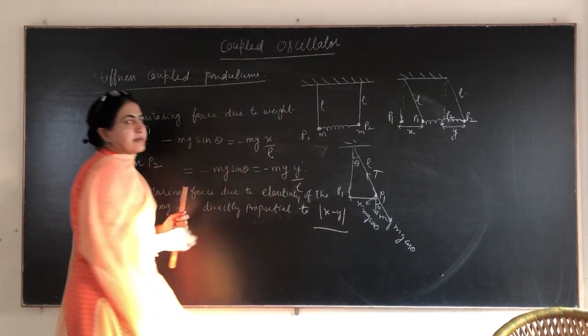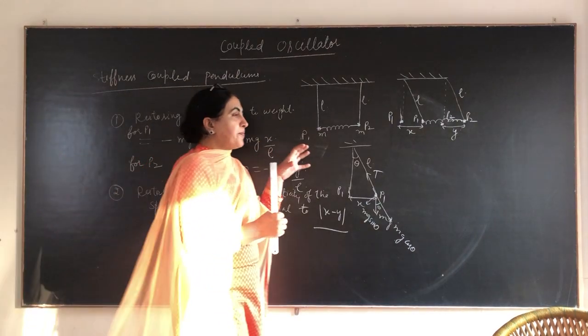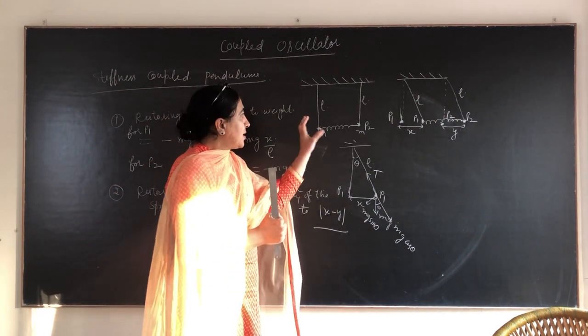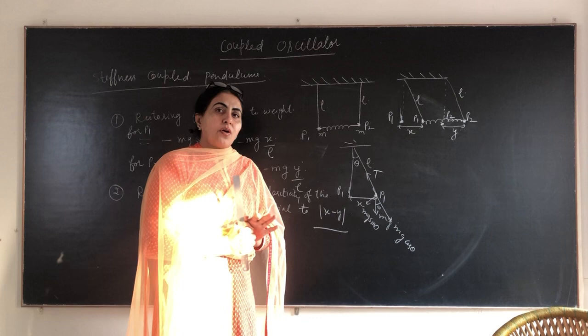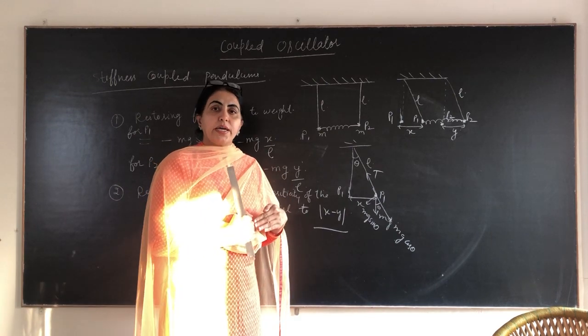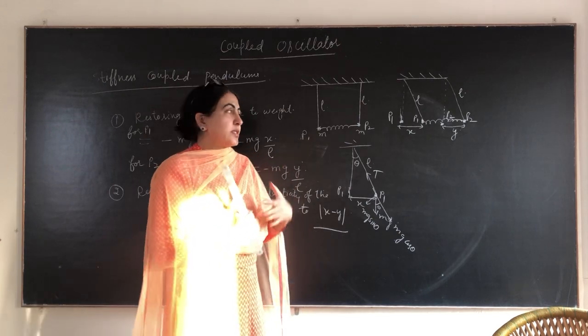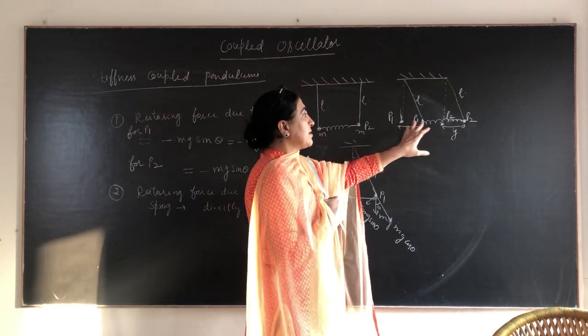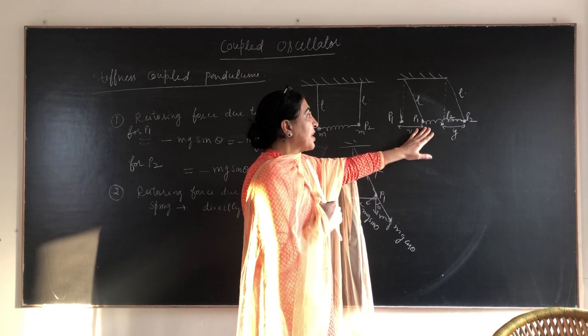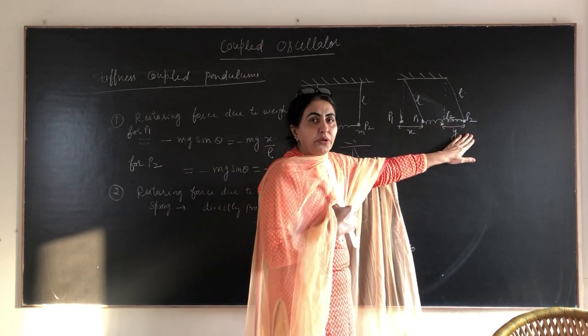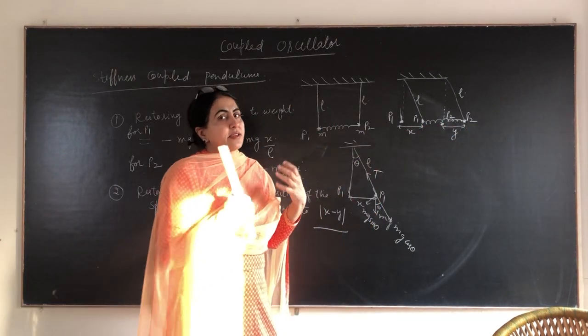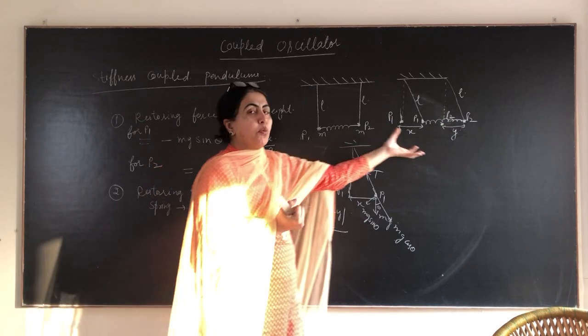I will explain this. When we disturb this system, this coupled oscillator, from the equilibrium position, there are oscillations. So if there is a disturbance in pendulum P1, then there is also in P2. So the change in length is x minus y, because x and y both will change.